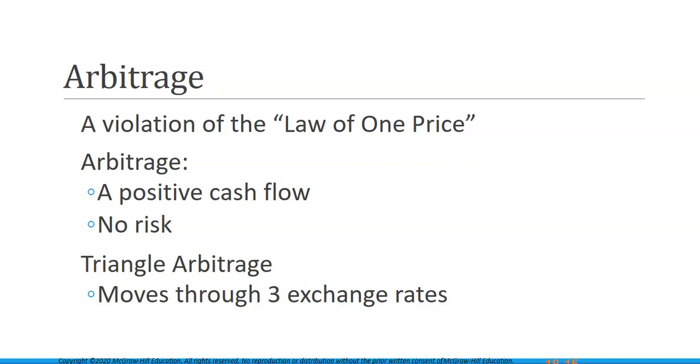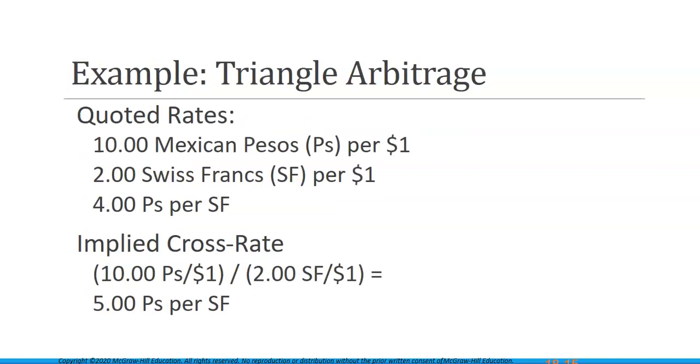So arbitrage is a violation of the law of one price. Arbitrage is a way that people can use different exchange rates in order to create a positive cash flow or to create positive returns without risk. Triangle arbitrage moves money through three exchange rates. So in this example, we're going to look at triangle arbitrage.